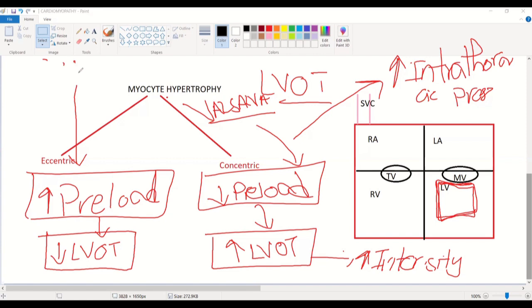These maneuvers will decrease the intensity of the systolic ejection murmur, because they decrease the left ventricle outflow tract obstruction, right? Yes. So keep this principle in your mind.